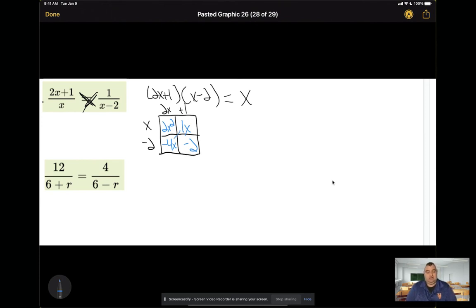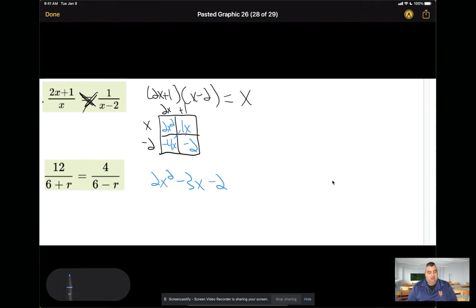So put this together, I end up with 2x squared, and then negative 4x and positive 1x, that's going to be a negative 3x, and then minus 2. So 2x squared minus 3x minus 2.